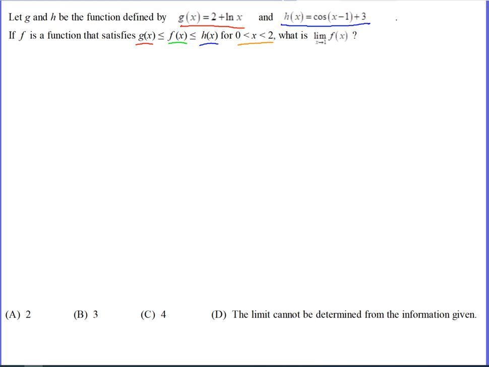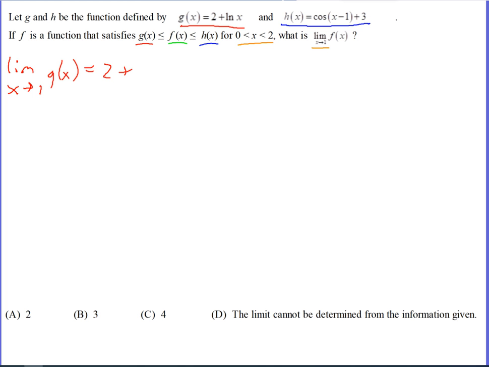And the important thing is that's true when x is approaching 1. So it does work because we can use the squeeze theorem, because 1 is in the interval from 0 to 2. We know this inequality is true.